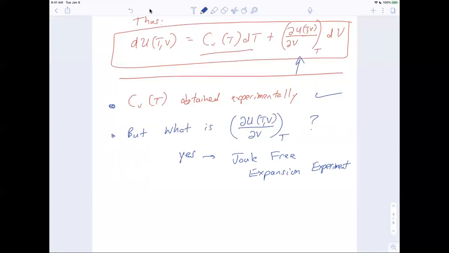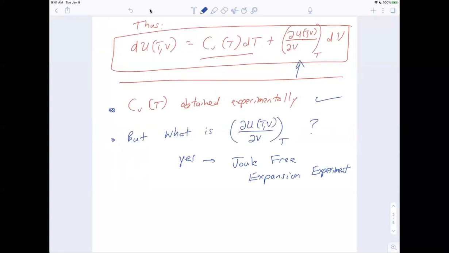Okay, and this experiment is good because it's going to allow us to apply a lot of the concepts that we've learned, all the way up to the idea of using partial derivatives. So now we're going to study the Joule free expansion.